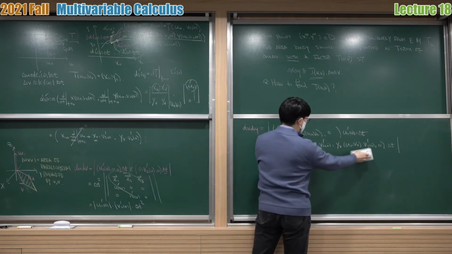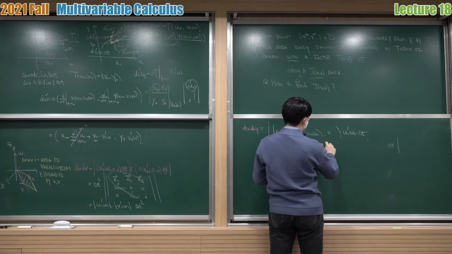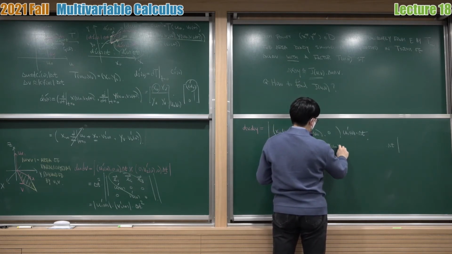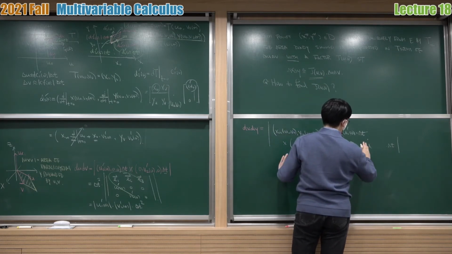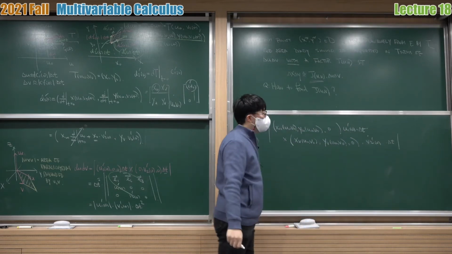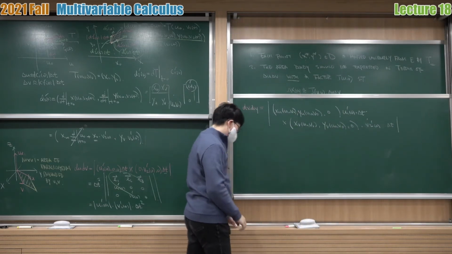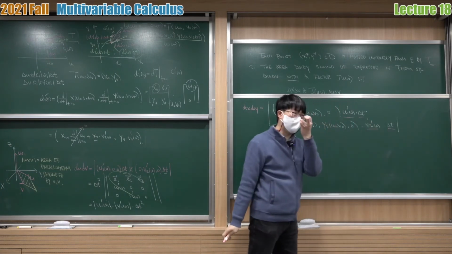And also I can make the second into a simpler form, yv(u0, v0), comma 0, times v2 prime 0. Okay?